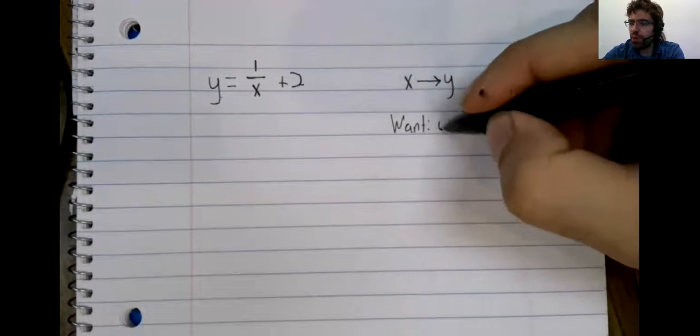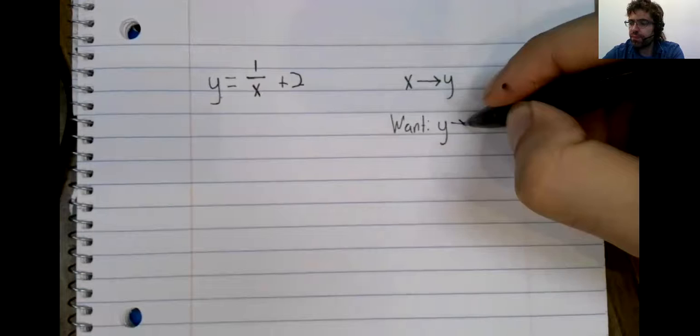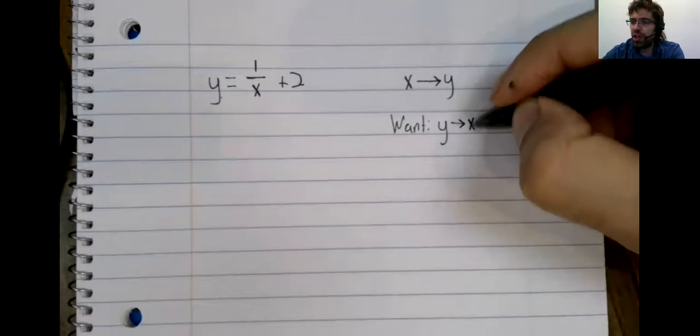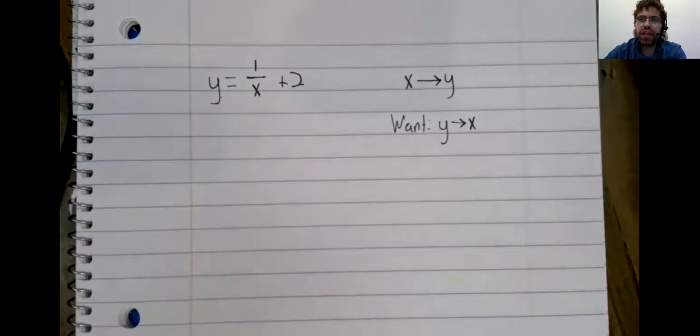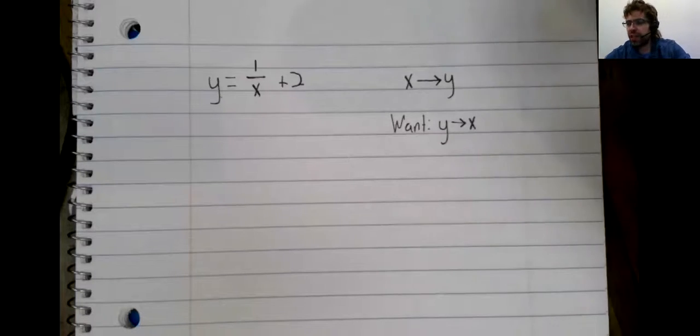And what we want is to undo that. We want to take y as our input and get x as our output. Can we manage that?